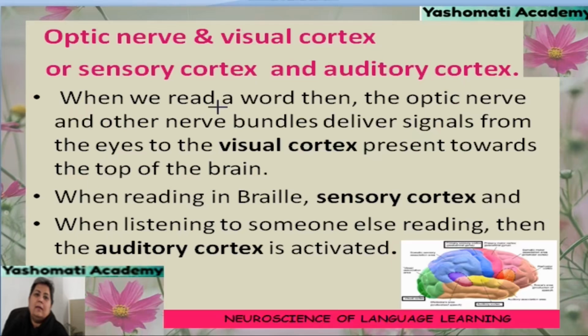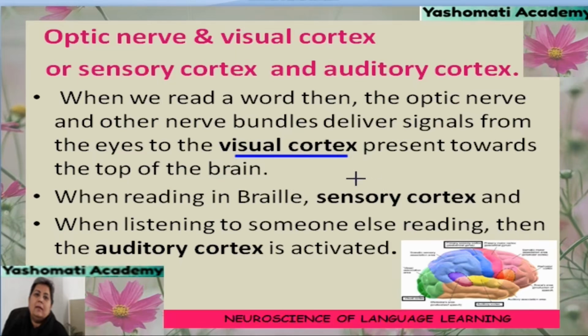When we read a word, the optic nerve, which is the nerve starting from our eyes, is a nerve bundle that delivers signals from the eyes to the visual cortex. The visual cortex is the part of the brain.